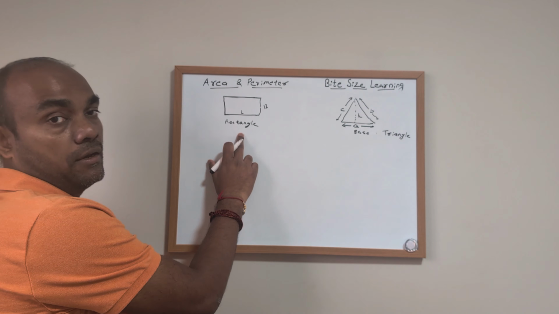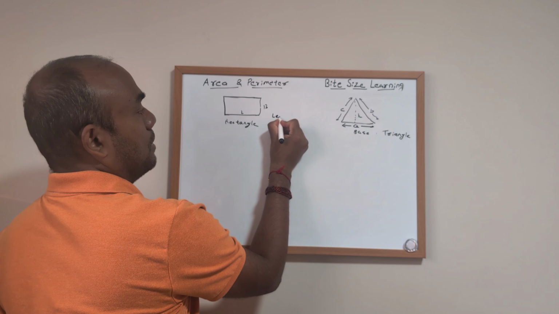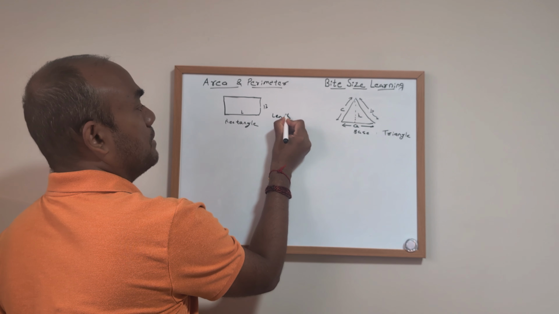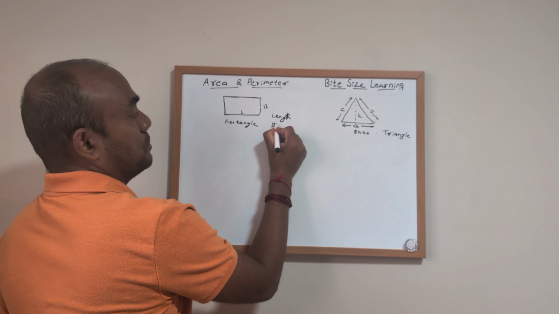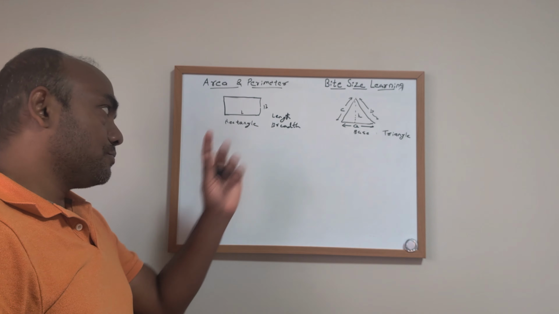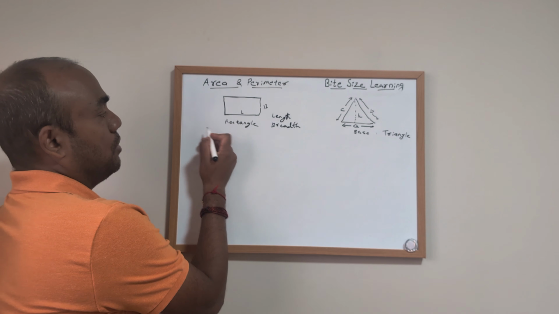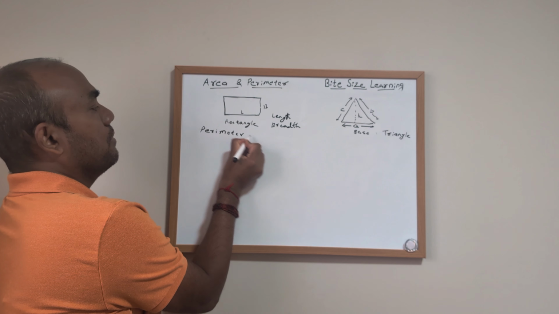Now in case of a rectangle, you have one side longer, which is called the length, and the other side which is shorter is called the breadth, right? Now let's see how we calculate the perimeter of a rectangle.